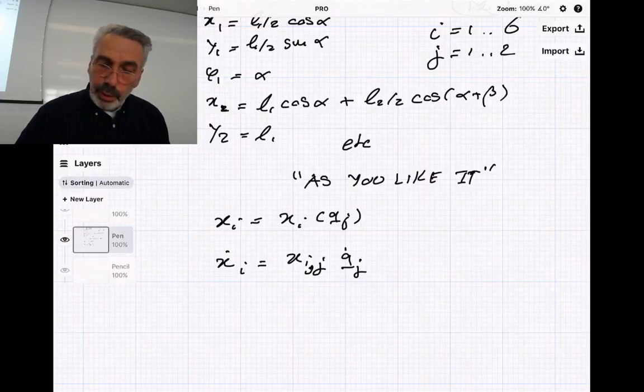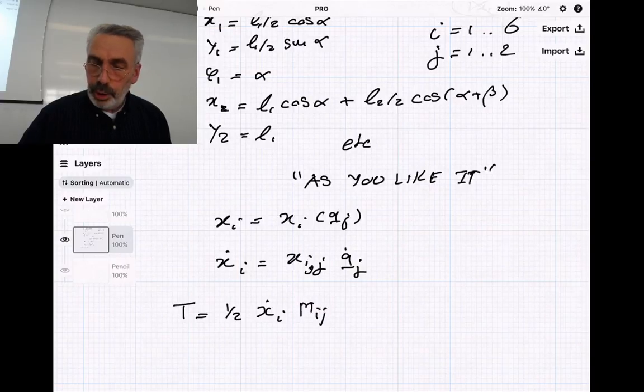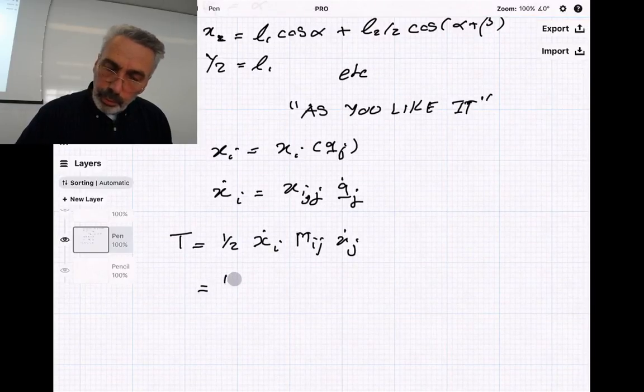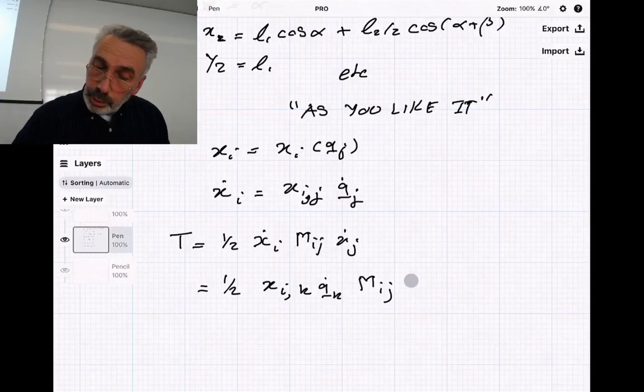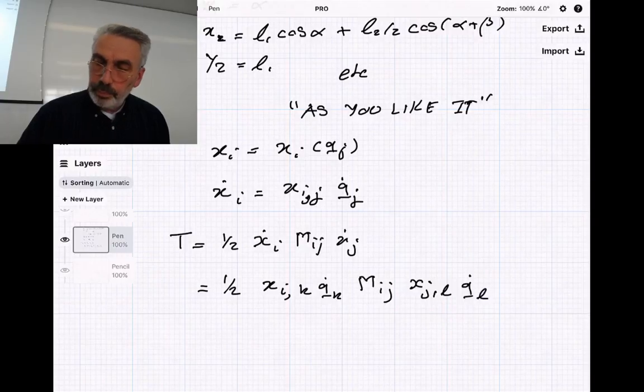So writing the kinetic energy then is 1/2 times, let's start with the original, x dot i, M_ij, x dot j. And then we put in those velocities. So we get x_i,k q dot k, M_ij, and then x_j,l q dot l.